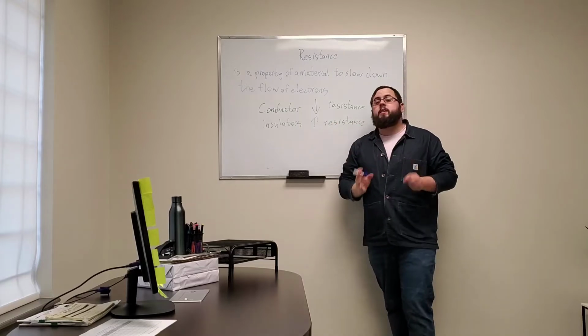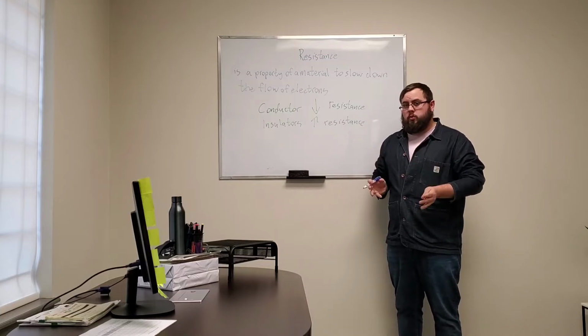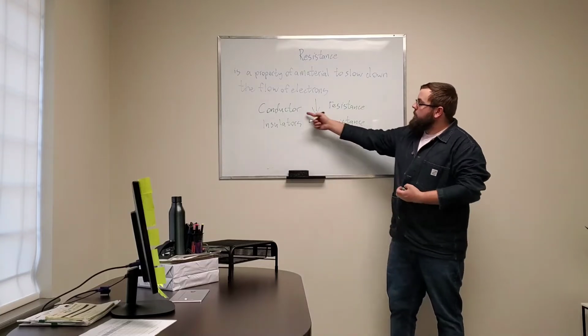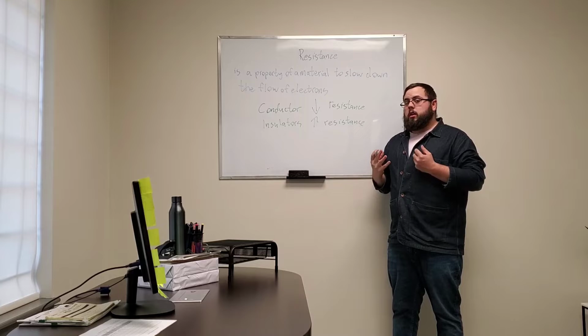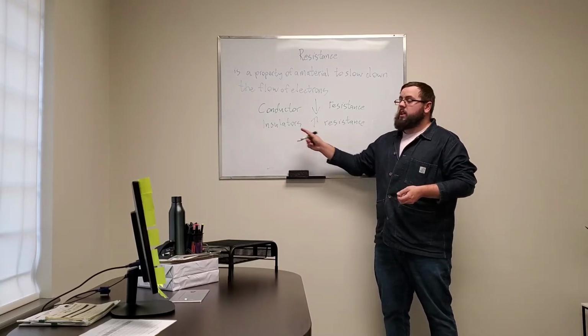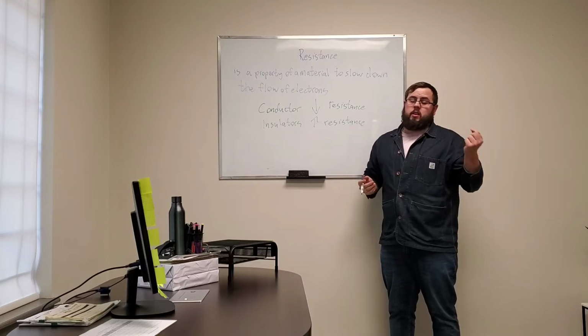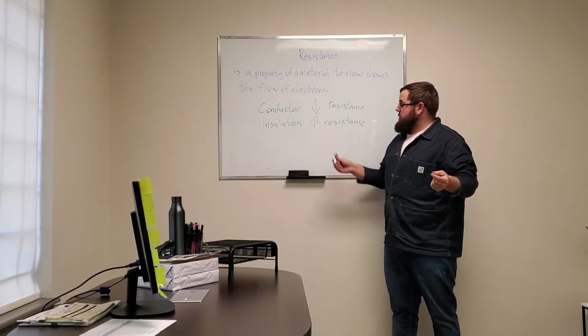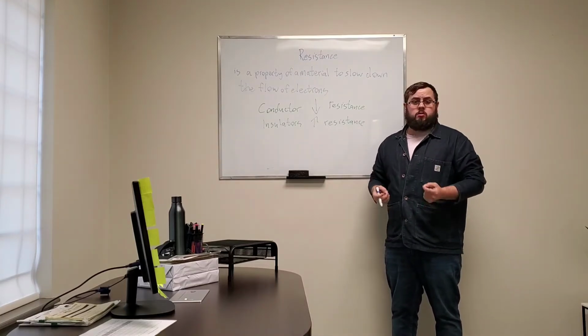Again, this is how easily electrons can move through a material. So something like copper would be a good conductor because it has low resistance. And something like our skin is not nearly as good of a conductor, it's a bit more of an insulator because it does have higher resistance, right?